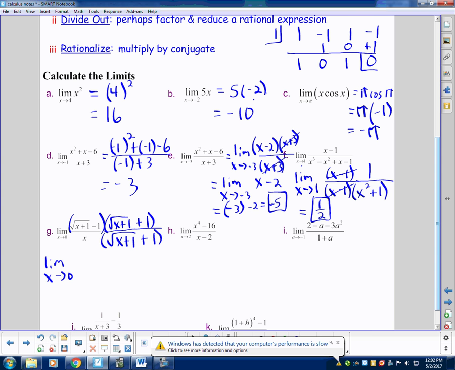If I square the first term, what do I end up with? Square root of x plus 1 squared, so x plus 1. And if I square the last term, I just end up with a 1. Actually, I'm not squaring the last term, I'm multiplying. So it's x plus 1 minus 1. What happens is the middle term cancels out.